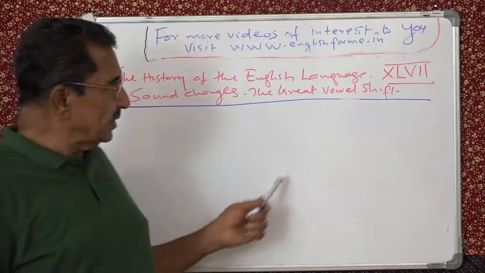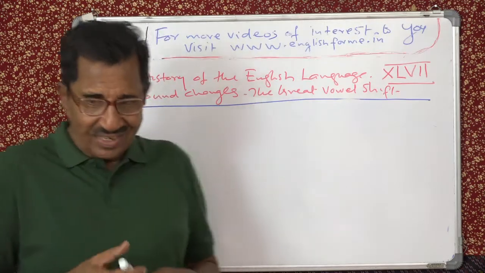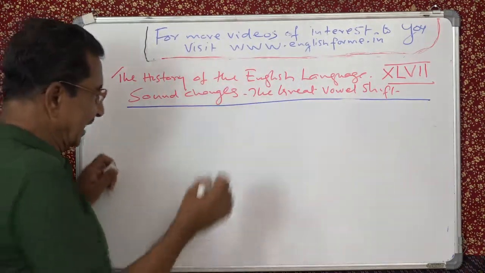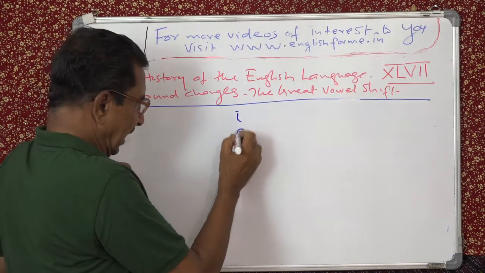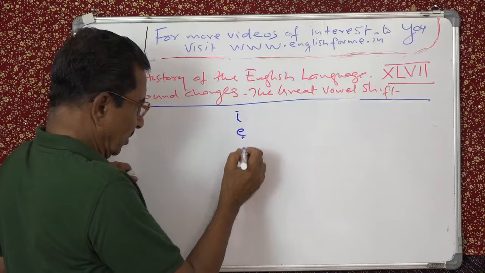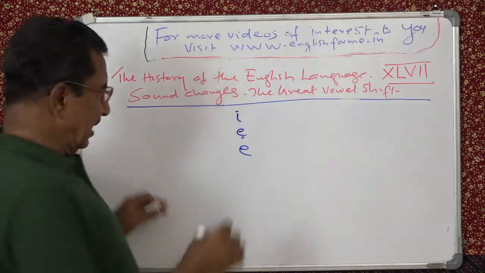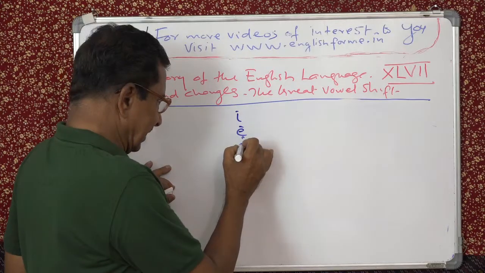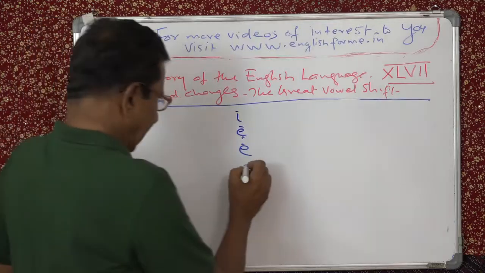So, what happened is this: the great vowels were written like this, as vowel letters. E, see 1. Then A, 2, 3. It is also written like this, with a diacritic modifying the vowel sound.